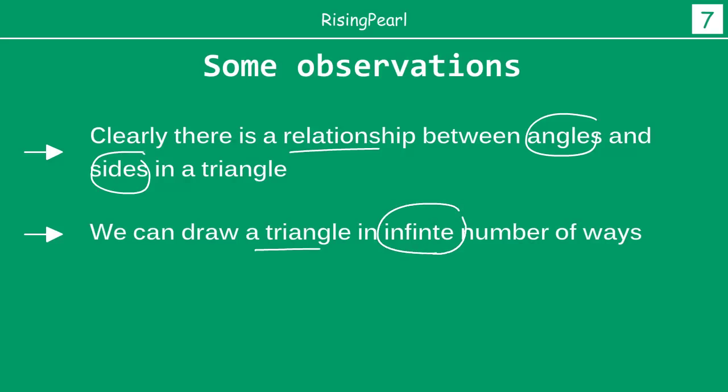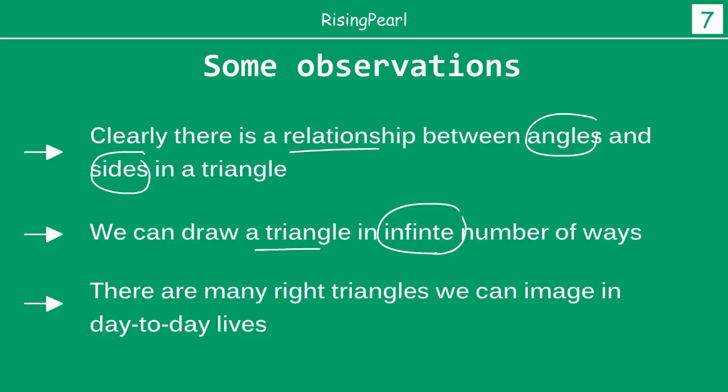When we have to start somewhere, there are so many right triangles in nature, because every time you look at your reference point, you're standing on the ground or the earth, which is flat, and whatever you're looking at is standing upright at 90 degrees in relation to the earth, so you have right triangles everywhere. So we are going to start our study of trigonometry with the right triangle.